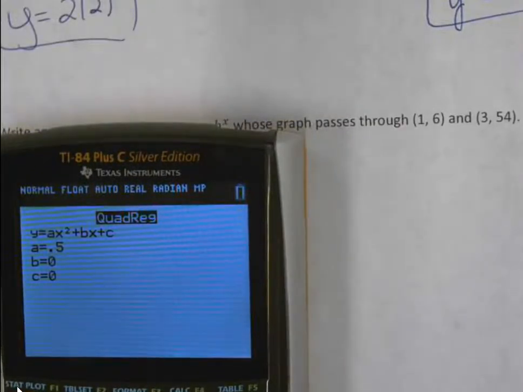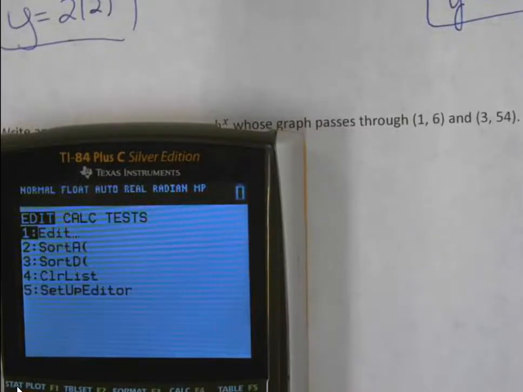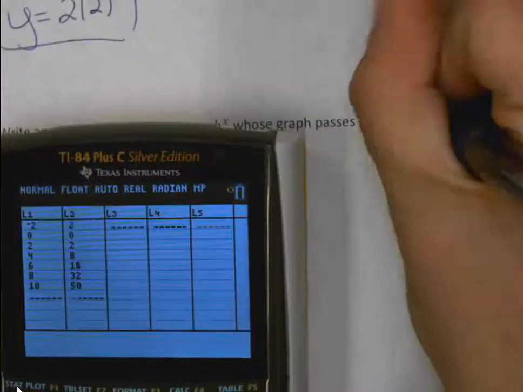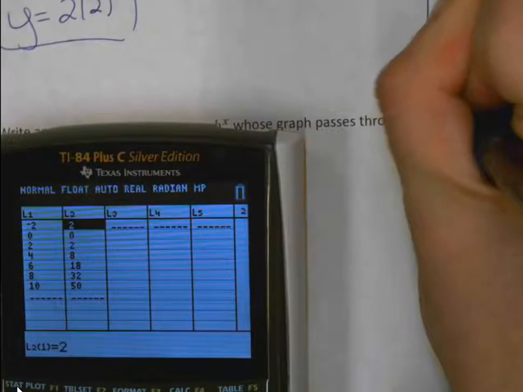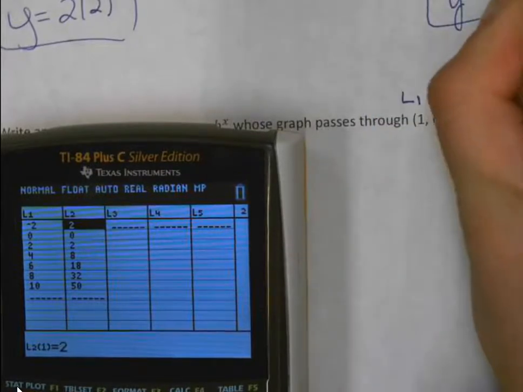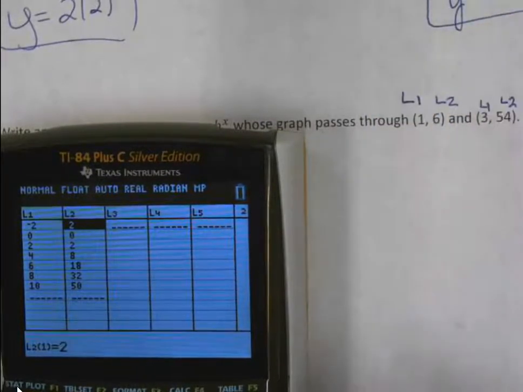No, that's for linear. So think about how we entered number 1 and 2 in the calculator. I went to stat edit. Remember, x is L1, y is L2. So I'm going to plug just these 2 points in.